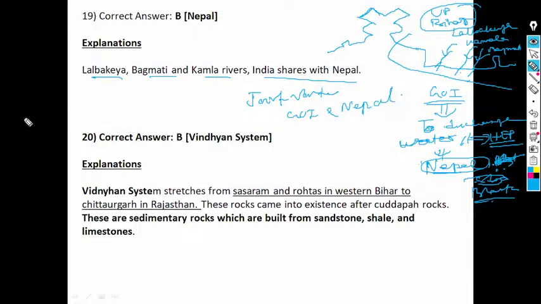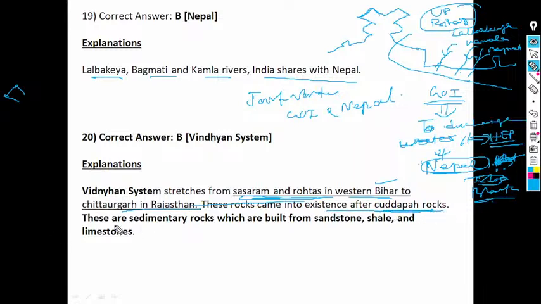अच्छा next, if we see, the Vindhya ranges stretch from Sasaram and Rohtas in western Bihar to Chittorgarh in Rajasthan. Sasaram and Rohtas are in Bihar and they spread into Rajasthan. These rocks came into existence after Kadapa rocks.